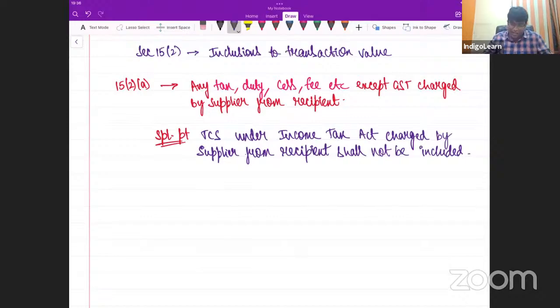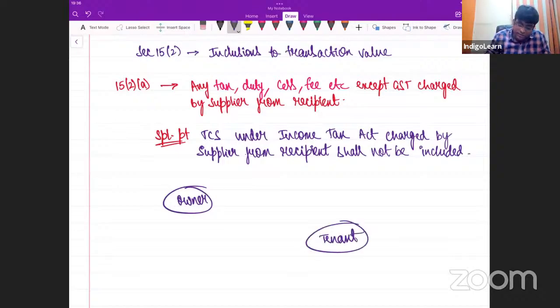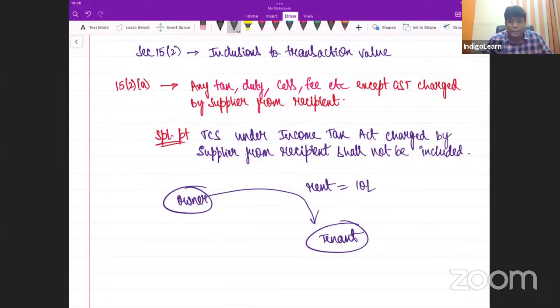Good. So for example, let me ask you one question now. Let's say there is an owner. There is a tenant. Owner is collecting a rent of 10 lakhs. And apart from 10 lakhs, I repeat, apart from how much, my dear friends? 10 lakhs. Owner is collecting 10 lakhs from the tenant.